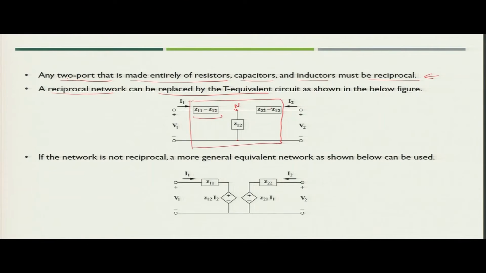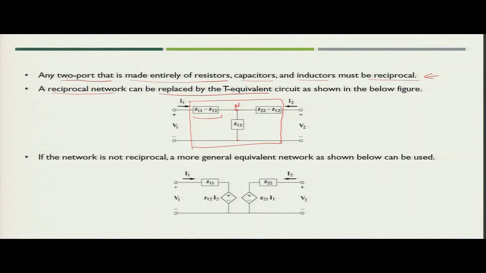With this you can represent a reciprocal network as a T equivalent circuit, or you can also say this is a Y equivalent circuit, because Y or T are used interchangeably in the literature, but most of the time it is considered as a T equivalent.